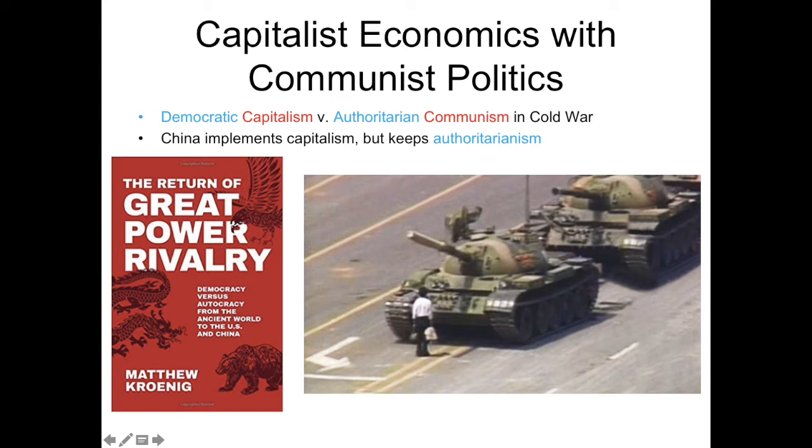So very much the end of history is behind them. China grew exponentially after it implemented capitalist economics in the 1980s, and has become an economic powerhouse in the world today. Some people say that China will eventually overtake the United States as the world's most powerful country.